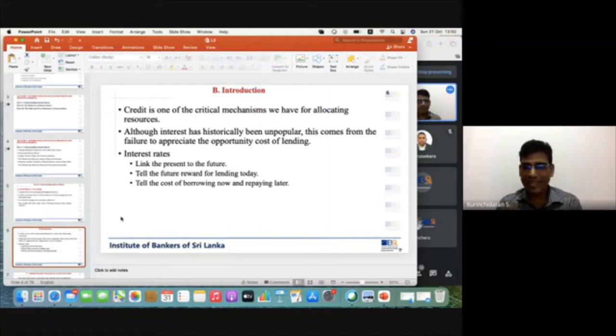As I said, you have the surplus unit and the deficit unit. So if you want an effective allocation of resources, you should have a way to pump the money to where it can be used effectively, right?